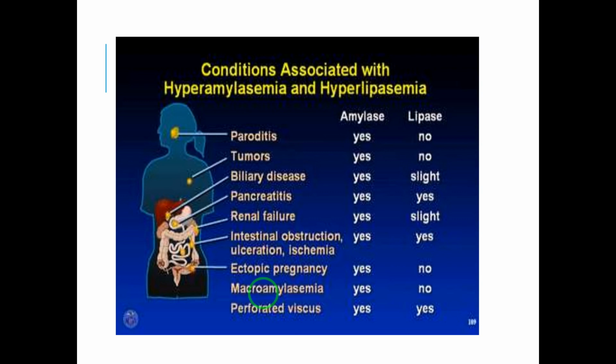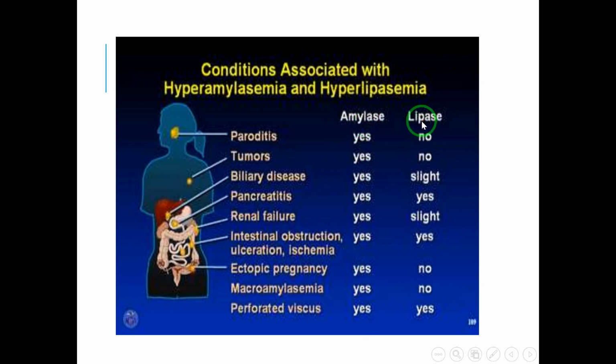Since both amylase and lipase are found in the pancreatic cells, in acute pancreatitis there will be release of both amylase and lipase, and each one has a different half-life and different time of rise and fall. So we said that to increase the diagnostic specificity of amylase, we will depend on a combination of amylase with another marker.